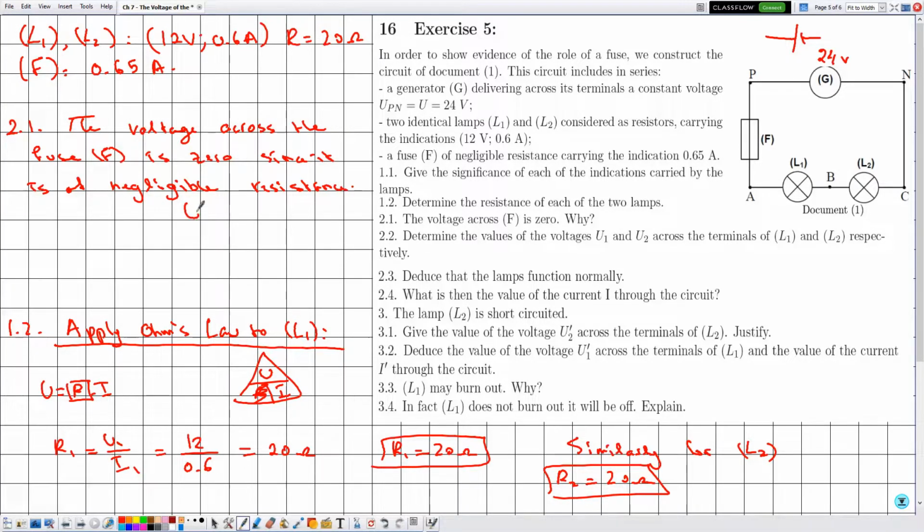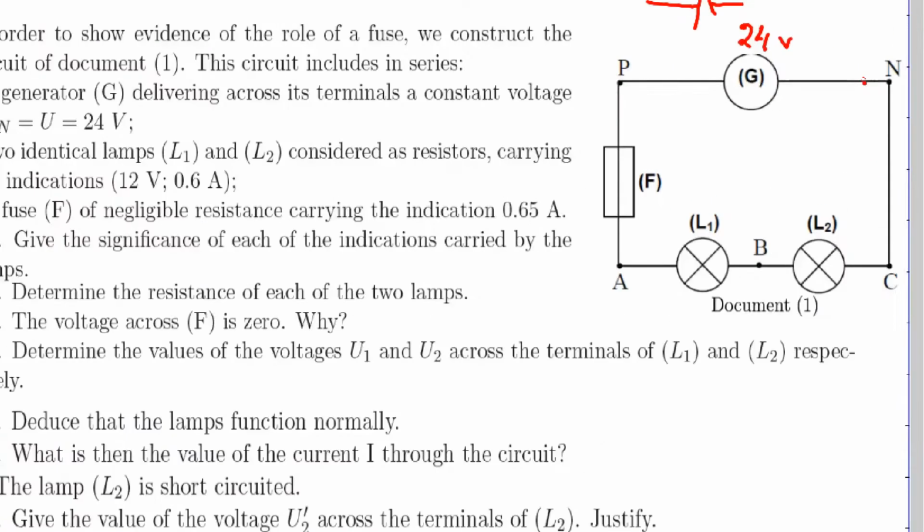So in this case we have that UPA is equal to 0. I'm measuring the voltage in the direction of the current from P to A.